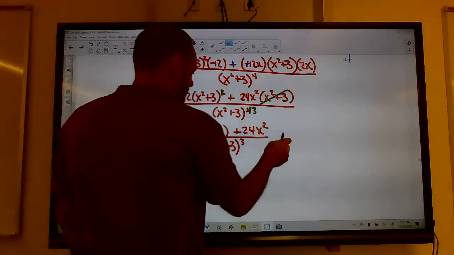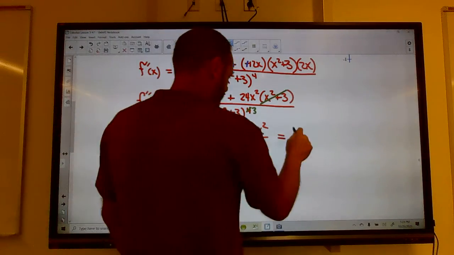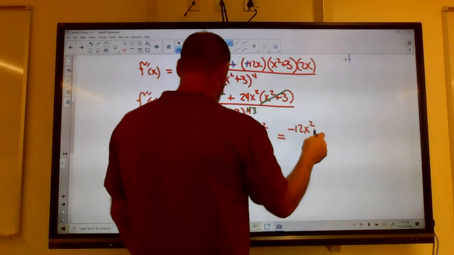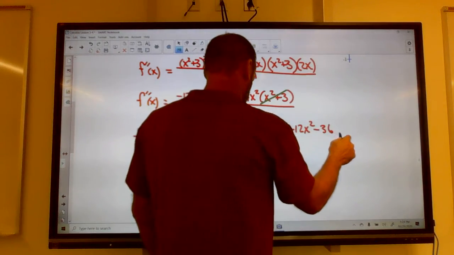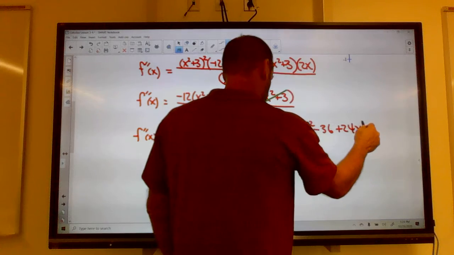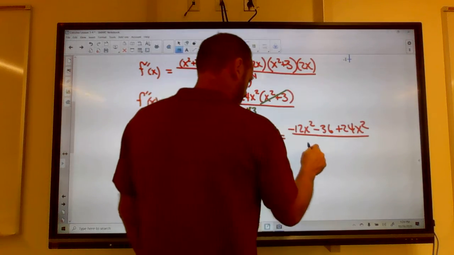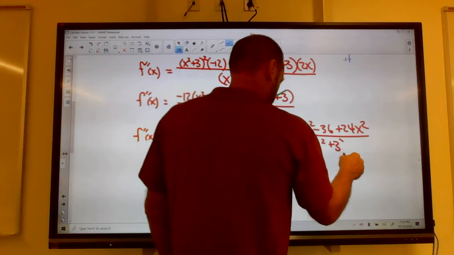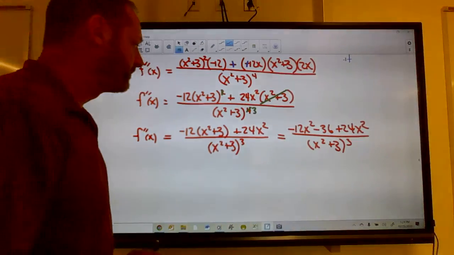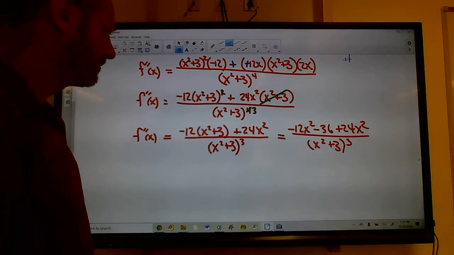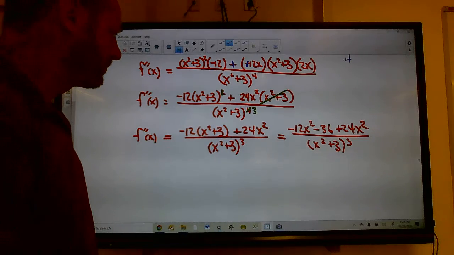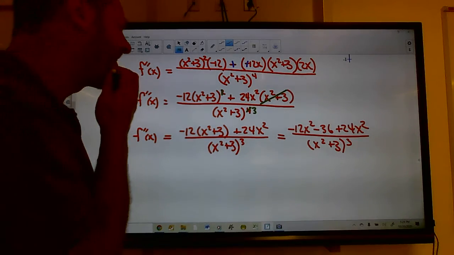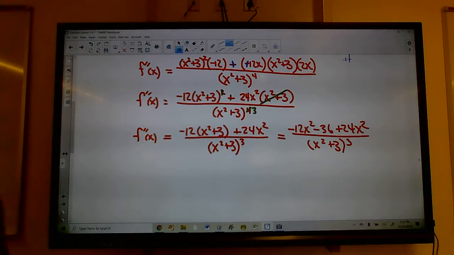Can I simplify this more? Let's see, if I distribute this, this is negative 12x squared minus 36 plus 24x squared all over x squared plus 3 to the third power. I feel like I have a negative sign here wrong somewhere.